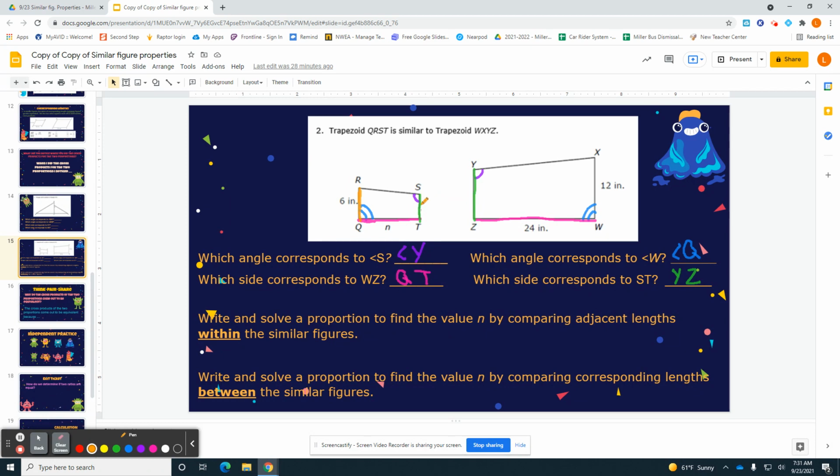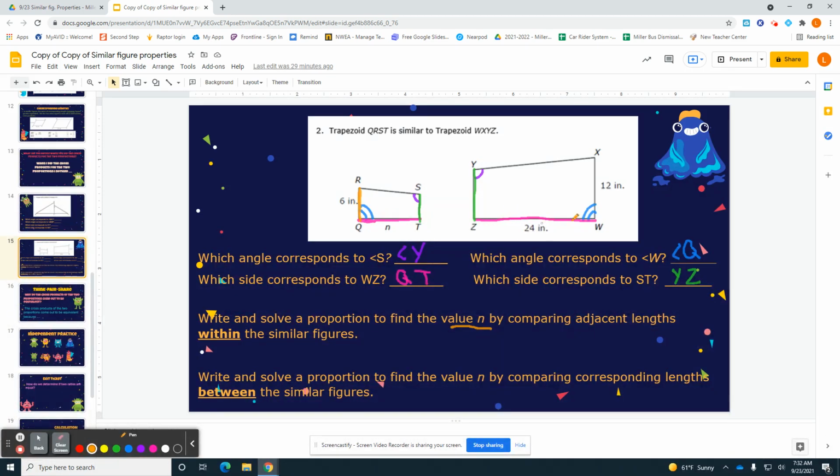I can't use ST here because it doesn't have a number on it, so I don't know that length measurement. I need to use n because it's telling me to find the value for n, but I need another measurement from that trapezoid. So I need to use RQ because that one has a measurement.